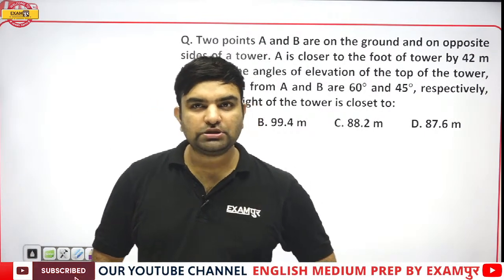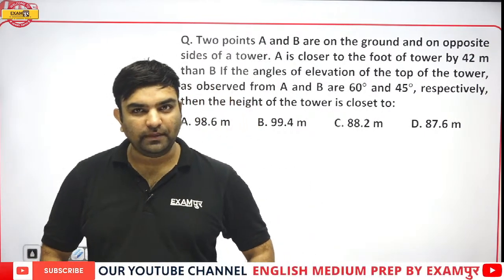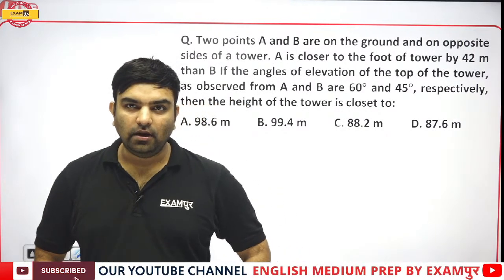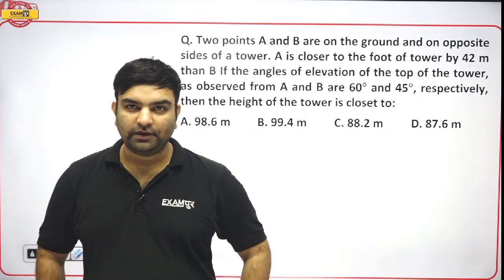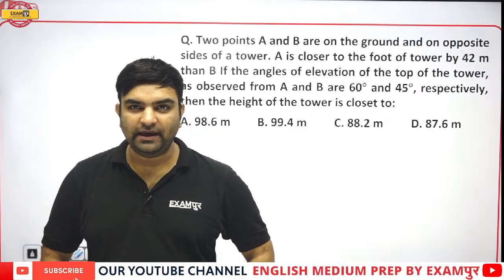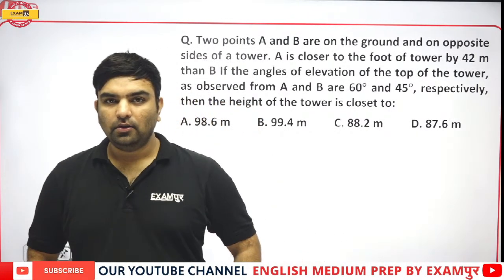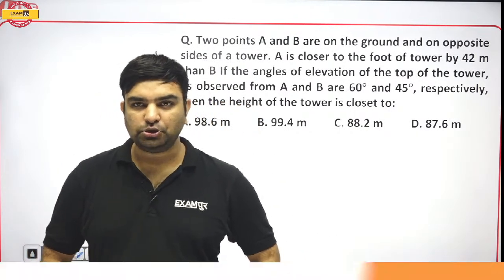A is closer to the foot of the tower by 45 meters than B. If the angles of elevation of the top of the tower observed from A and B are given, what is the height of the tower closest to?